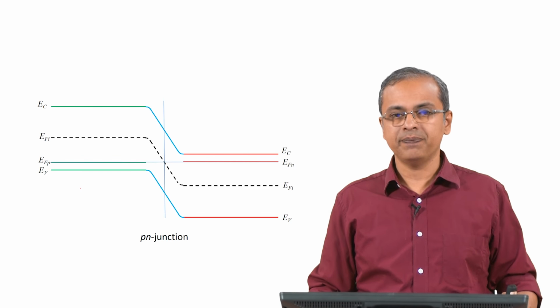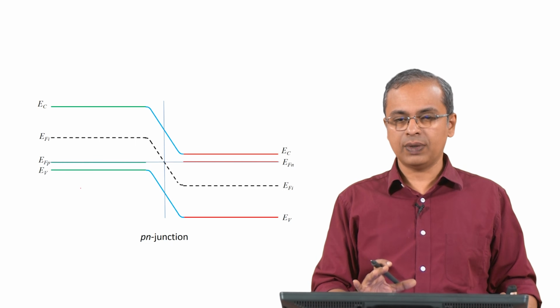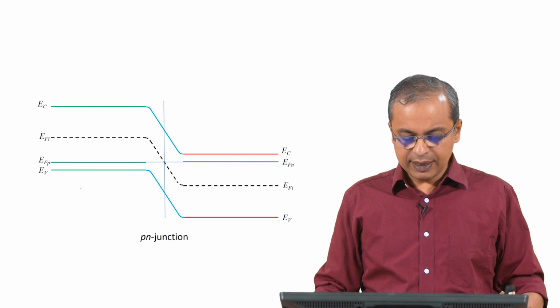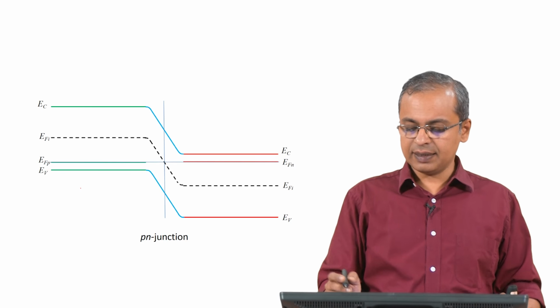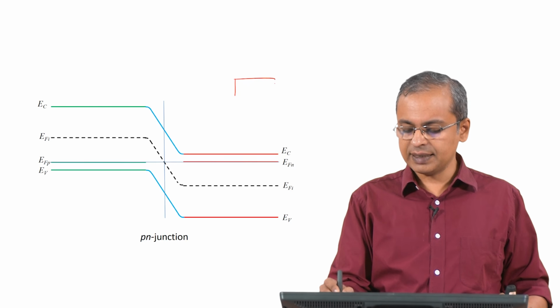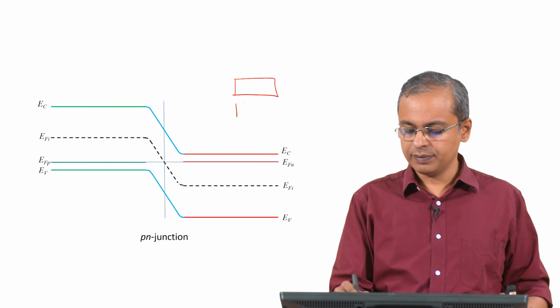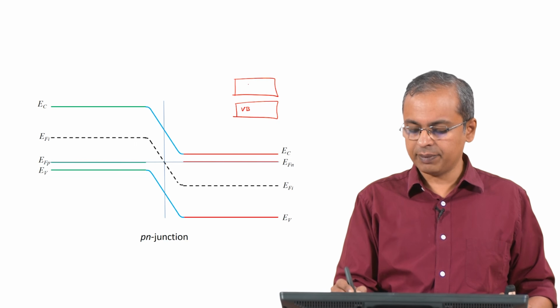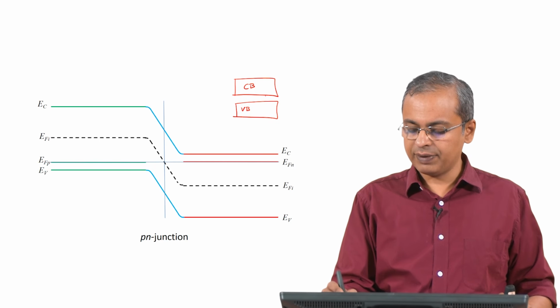that p-n junction, because this is where we will have to understand what happens as the radiation comes in. So, if you look at this, we discussed this earlier, that when you simply have a conduction band and a valence band. So, this is valence band and that is conduction band, and you have a band gap Eg.